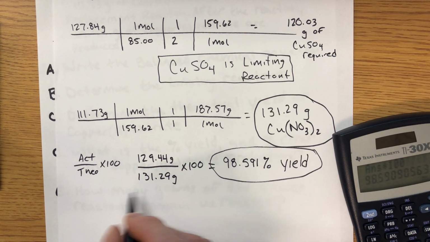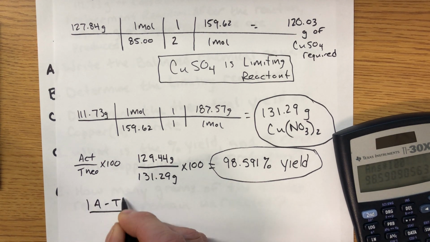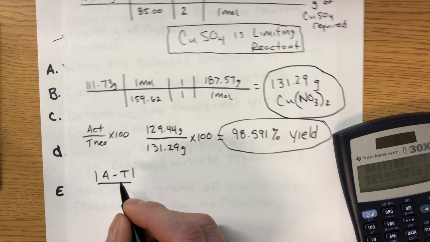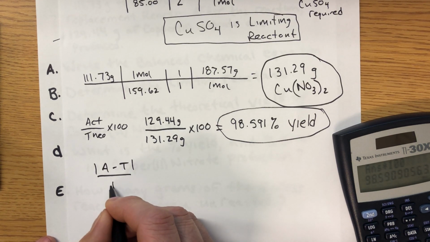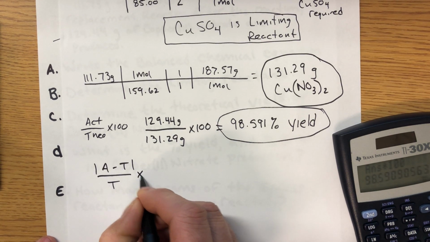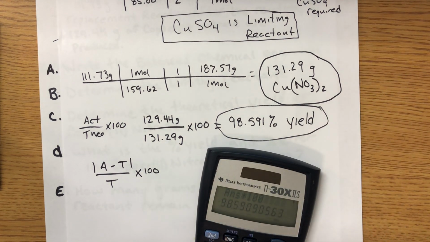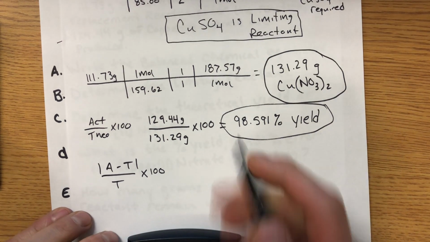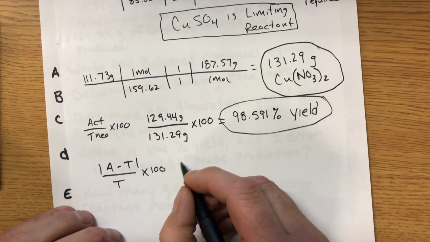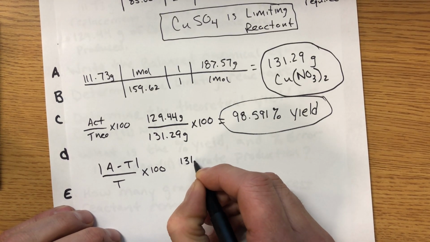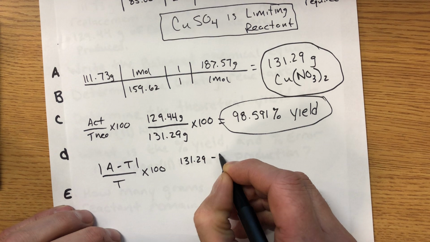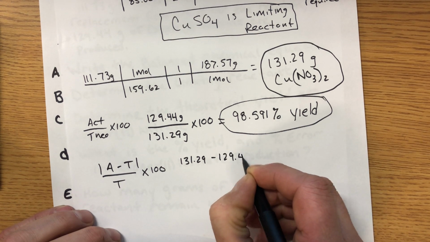Remember that when we do percent error, we take our actual minus our theoretical, the absolute value of that difference if need be, divide it by the theoretical, and then multiply by 100. Let's do the math on that. 131.29 minus 129.44.